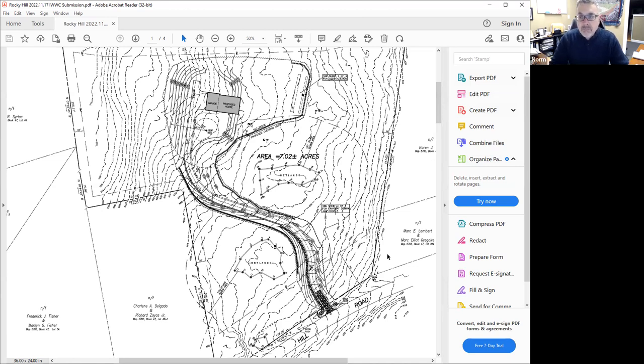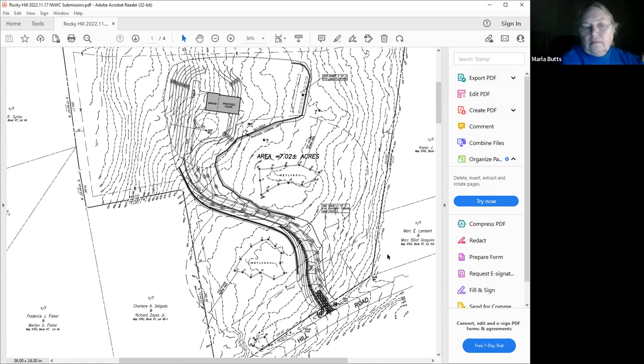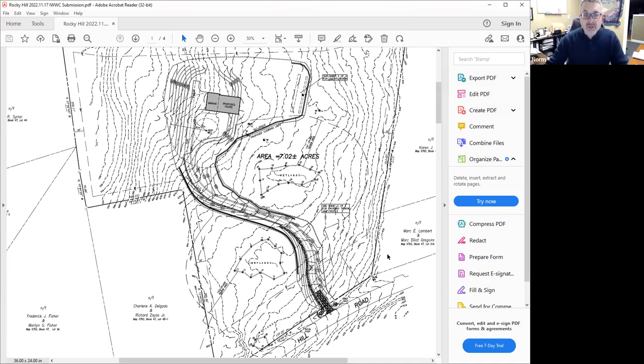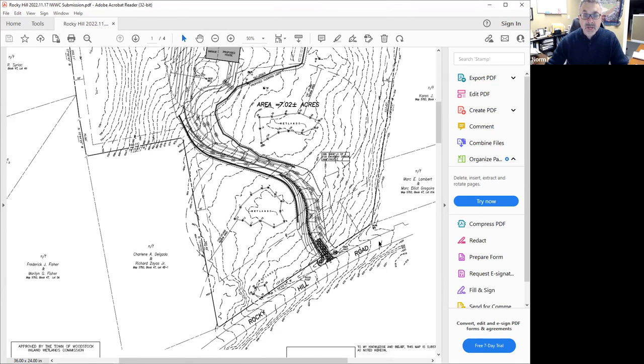Bill, if you're done with questions, I have a few. You can go ahead. So on the pipe along the road, how did you size that? I sized it based on the road drainage that was intercepted from the peak of the hill to the west.